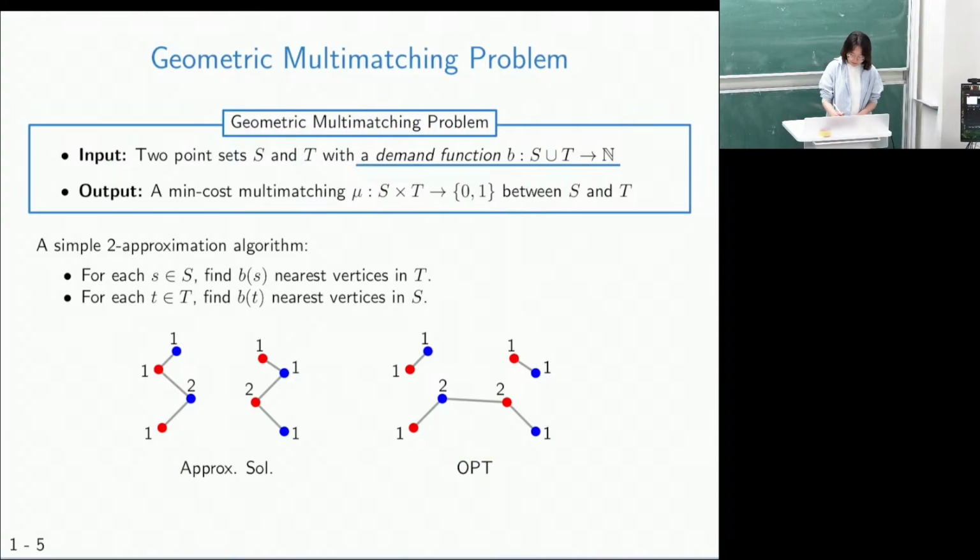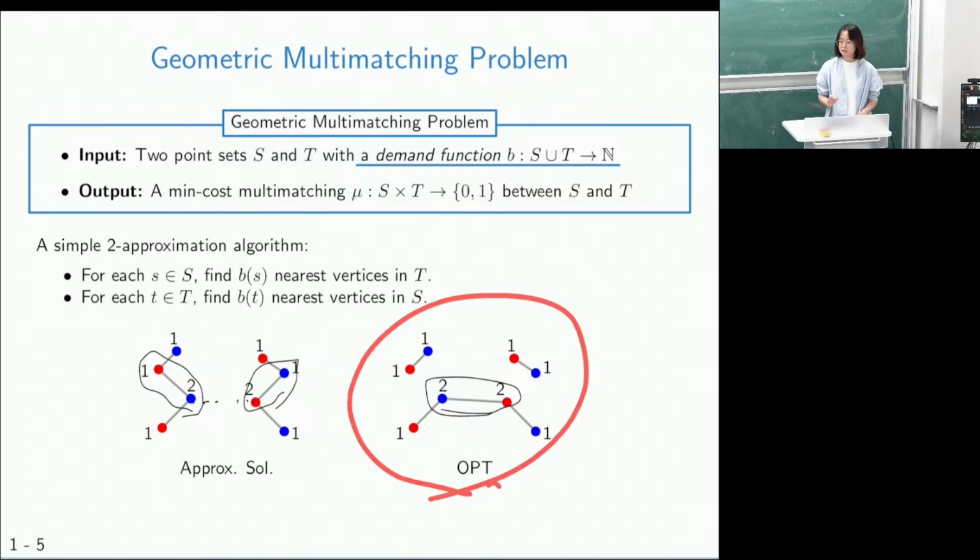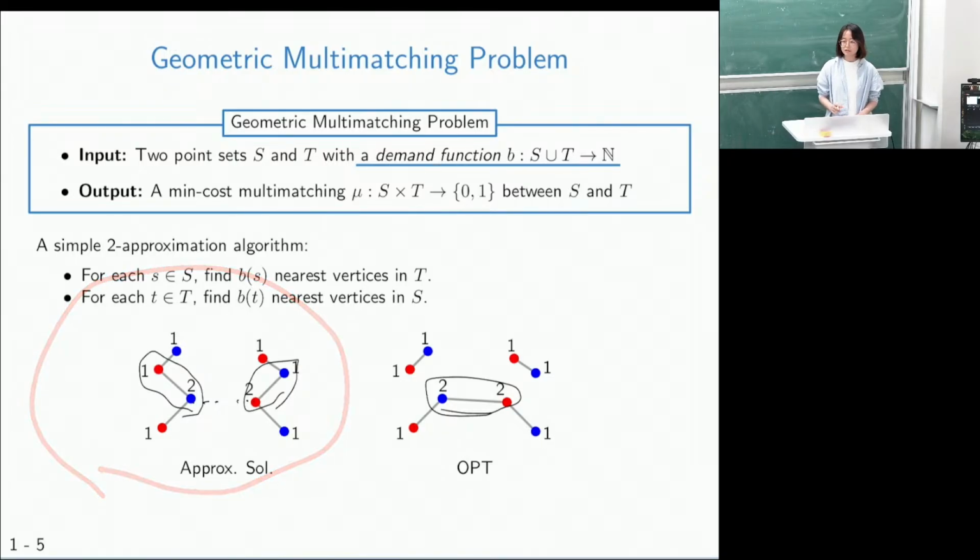So if these 2 points are sufficiently close, then we can replace those 2 edges with this one. So that is the optimal solution. But using the triangle inequality, you can show that this approximate solution is a 2-approximate solution.